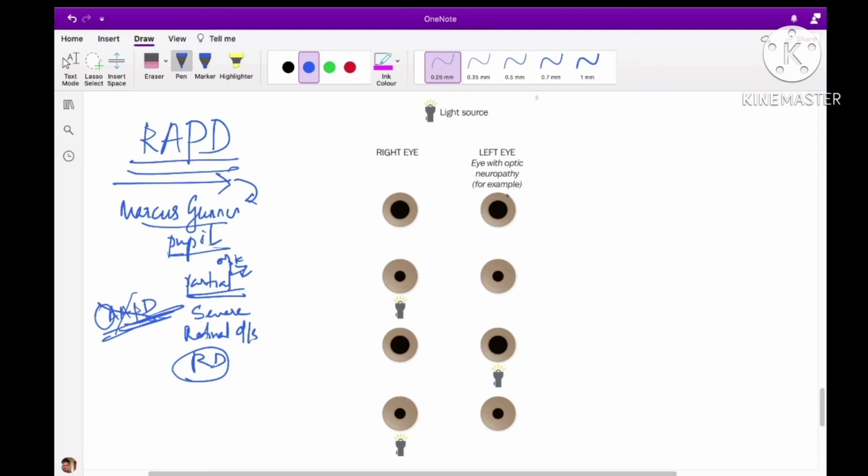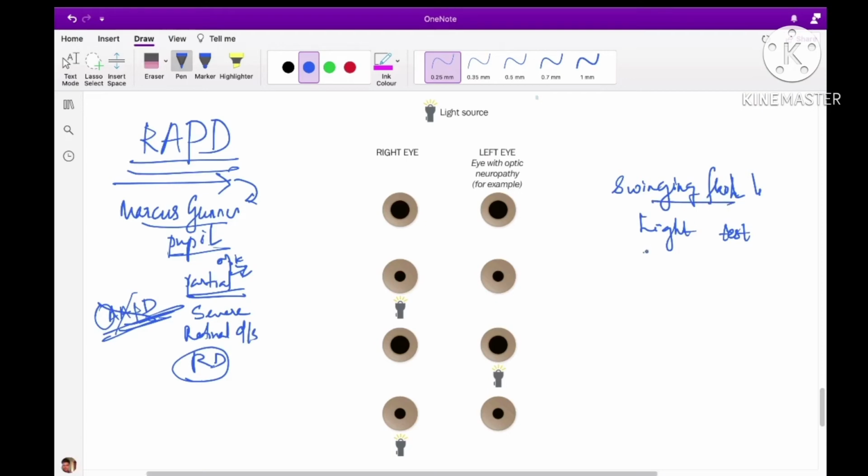Now how can you know that the patient is having RAPD? So for that, to elicit this relative afferent pupillary defect, that is, with relation to the normal, the abnormal eye is having a defect, we are going to use the swinging flashlight test.